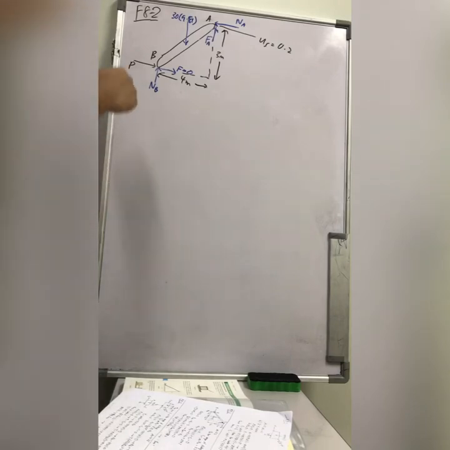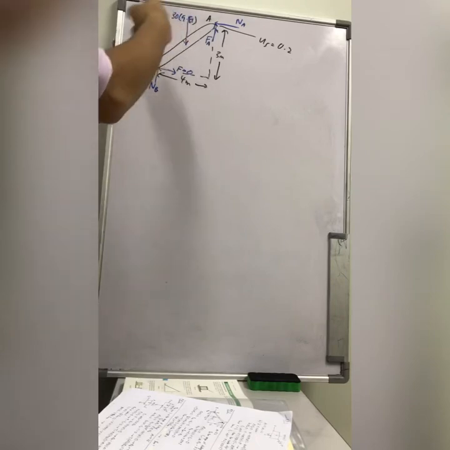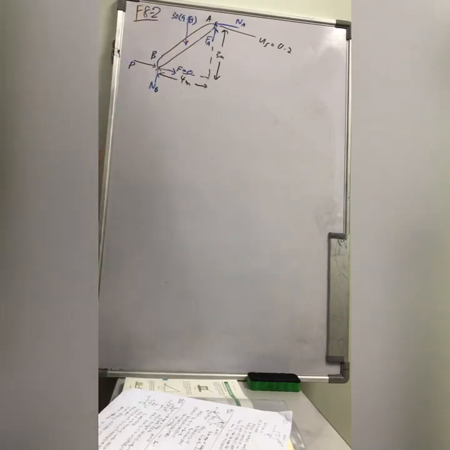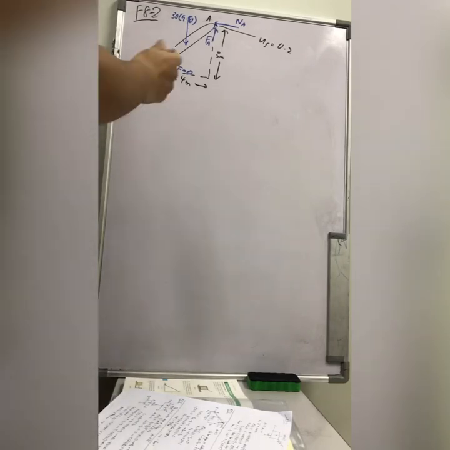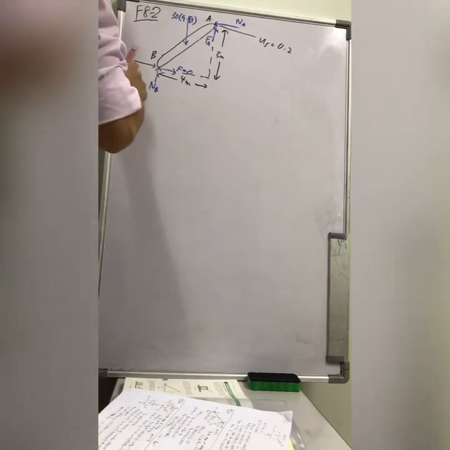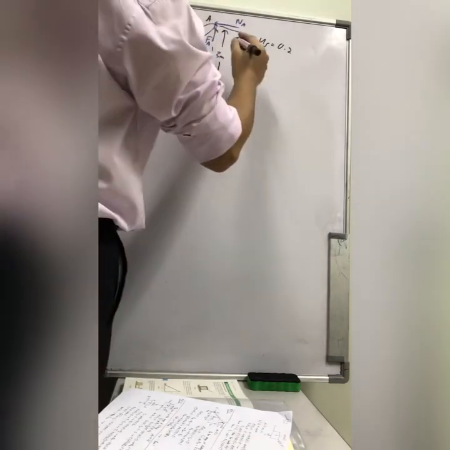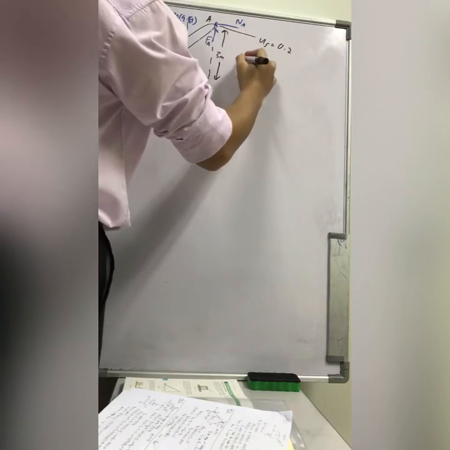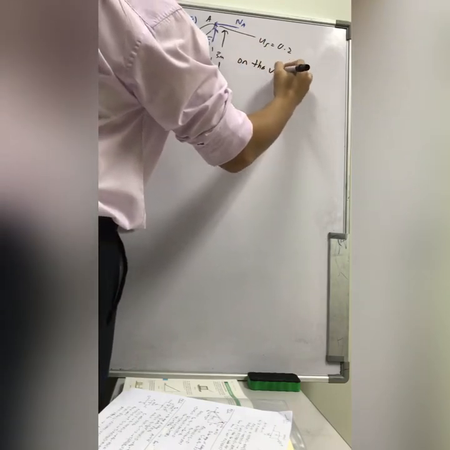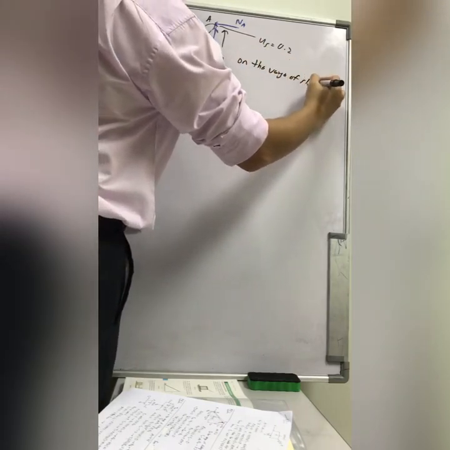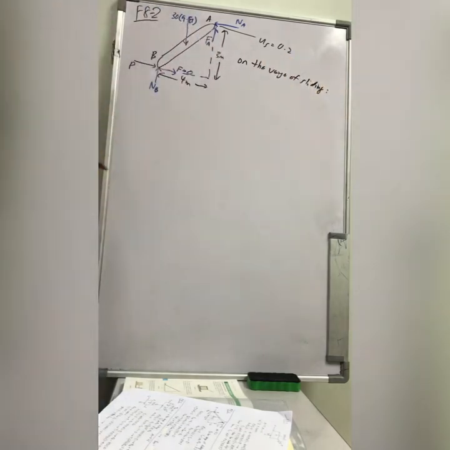So the question asks you to find this P, the minimum P, to prevent this rod AB from sliding, from moving. So what you have to do is check this situation on the verge of sliding, when it is about to slide.